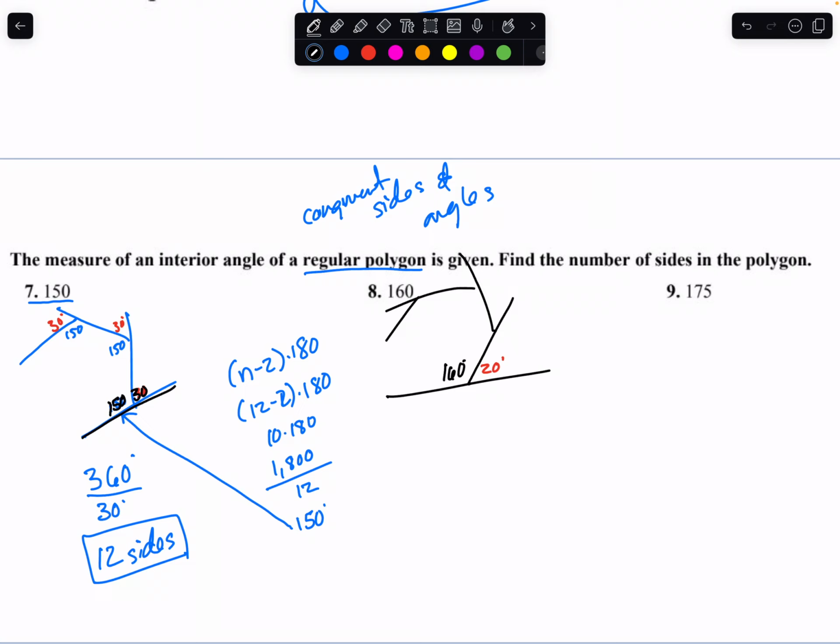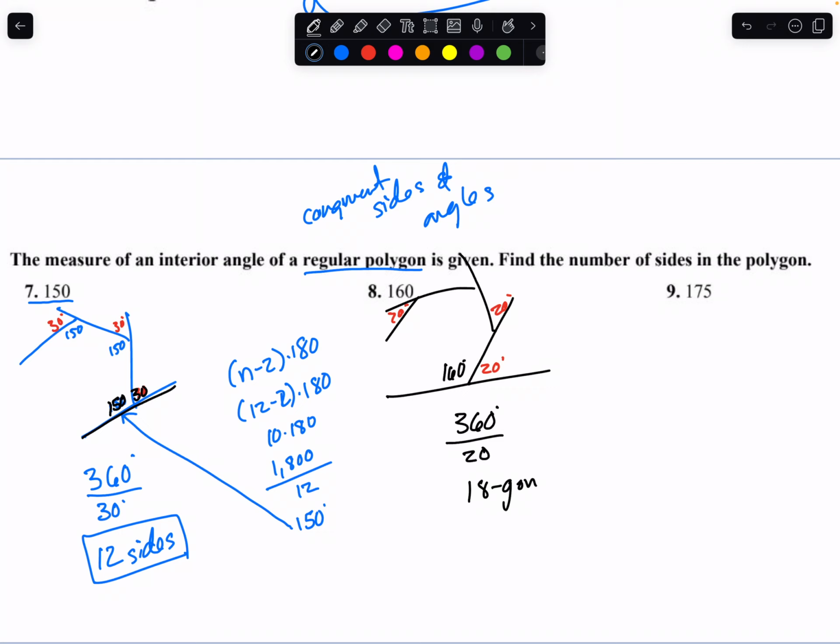If the outside is always going to measure 20 degrees, 20, 20, and this goes on for however many sides, I can take 360 degrees and divide it by the measure of one angle on the outside. 360 divided by 20 is 18. This is an 18-gon, or an 18-sided polygon.